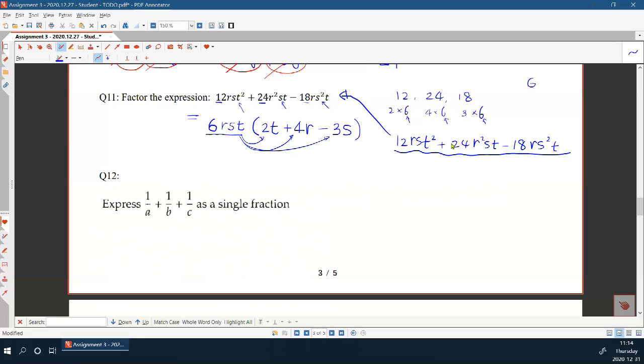If it is identical, that means the second step is correct. And we cannot proceed anymore. So this one here is our final result. Any questions?